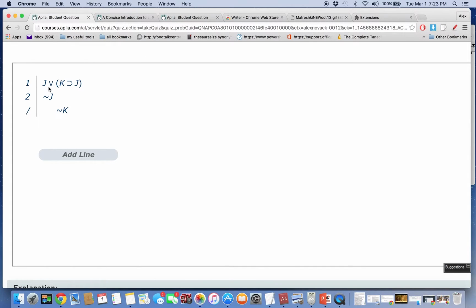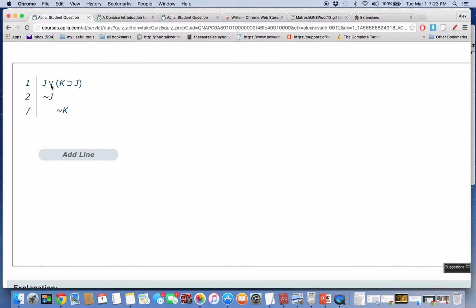If we're going to use a rule, we have to find one where the parent in that rule has main operator wedge. There's no point in looking for a rule that has main operator horseshoe, because the parent on line number one doesn't have a horseshoe, it has a wedge.